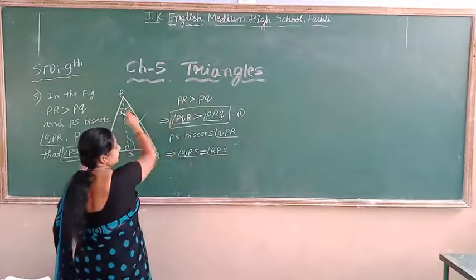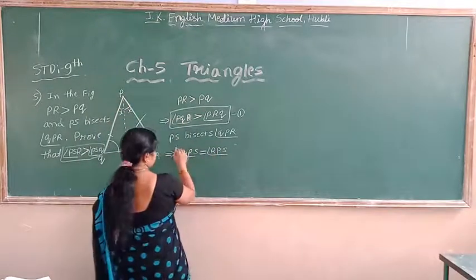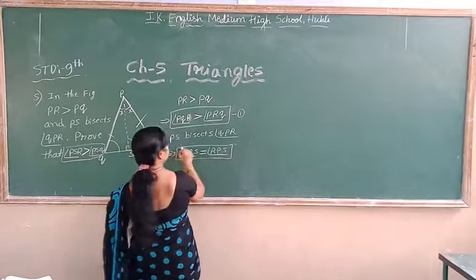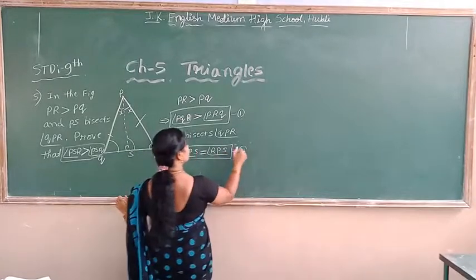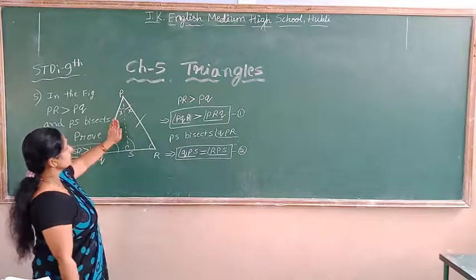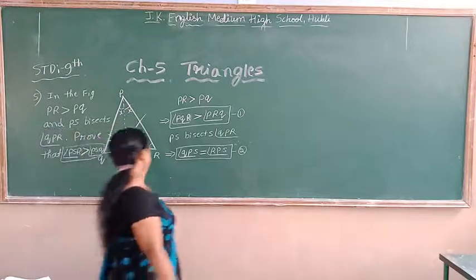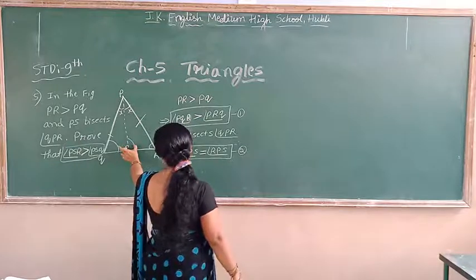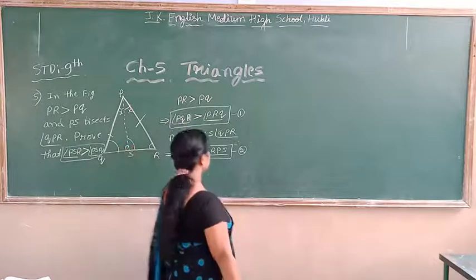These two angles are equal, that is x we consider. We call this equation number 2, children. Now we consider this triangle. In the triangle, we have to prove this angle is smaller than this angle. I have to prove it now.